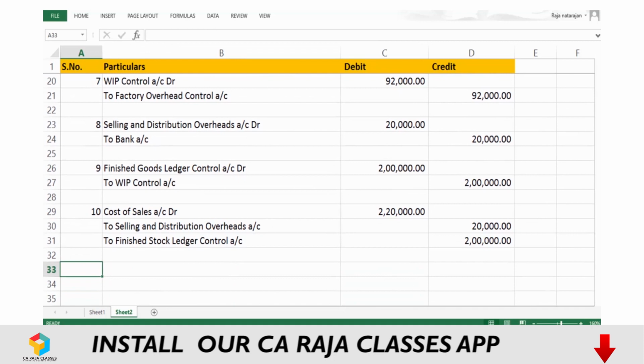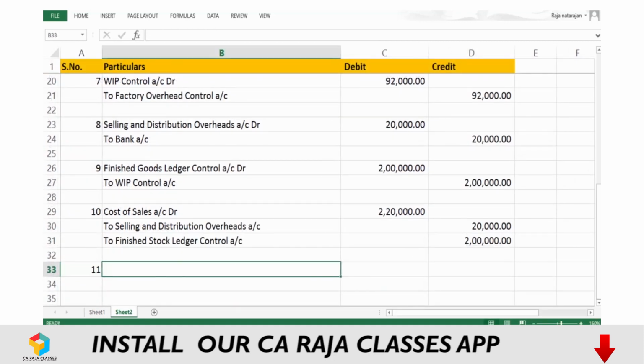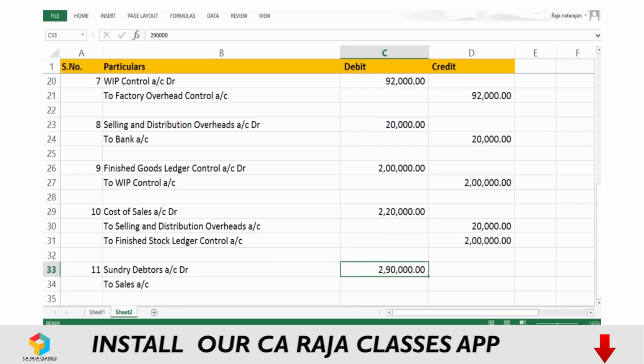Then we have some information about the sales that is taking place, which is 2,90,000. So item number 11, sales. It can be cash or credit. Assuming credit sale, then we have to debit the debtors. So we can say sundry debtors account debit to sales account, and the amount involved is 2,90,000.